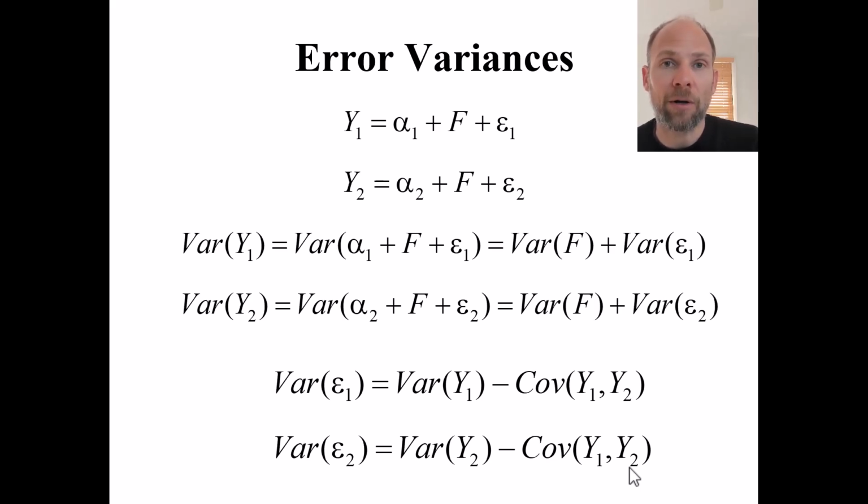Then you have a model of essentially parallel variables in the sense of classical test theory, and those variables then would have equal reliabilities as an implication, and that would then result in a testable restriction if you set the two error variances equal, variance epsilon 1 and variance epsilon 2. In that case, you would need only one of the two equations here at the bottom to find the common error variance, because if those are equal, then one equation is sufficient to find that parameter.